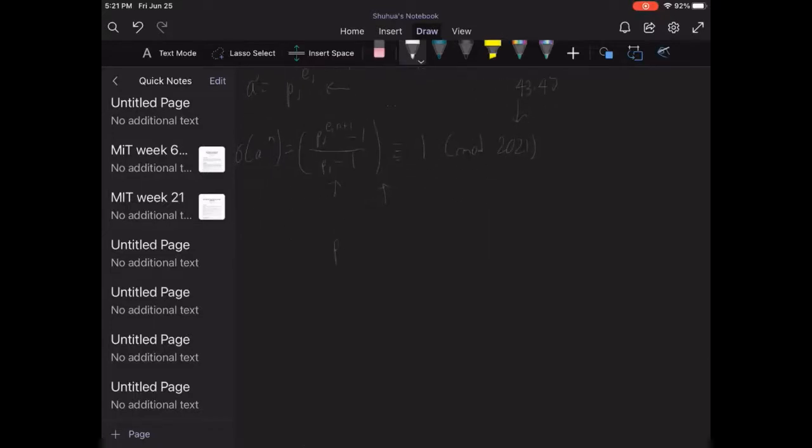This is p to the en plus 1, or it's equivalent to this, divided by this is congruent to 1 mod 43, and it's congruent to 1 mod 47. So these both have to be true. And in fact, the work for these two cases turns out to be pretty much identical, except it's just 47 instead of 43. So let's focus on solving this first.